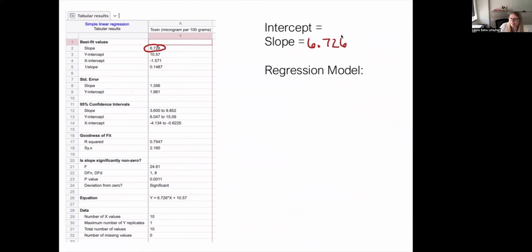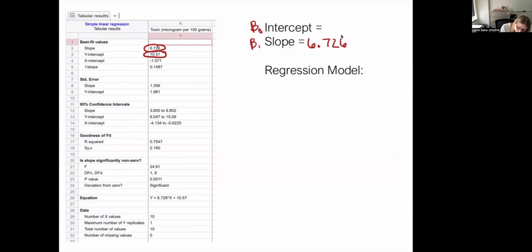Our intercept, remember I said that in this beta naught and beta 1, beta naught was the value of y where the line intersects the y-axis. So it's the y-intercept in this case.